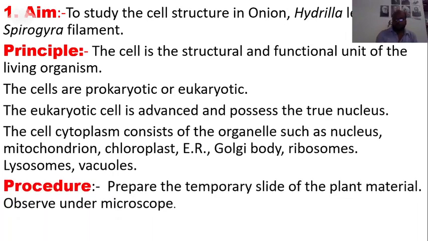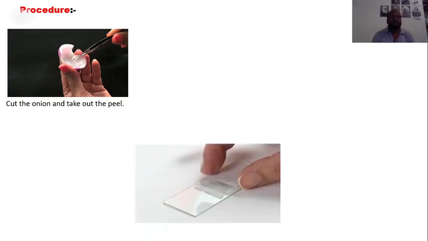So here we have studied the eukaryotic cell, and the first is the study of the onion peel. That means, for the study of the onion cell, you cut the onion and take out the peeling. In the picture you can see how you can remove the peel of the onion.